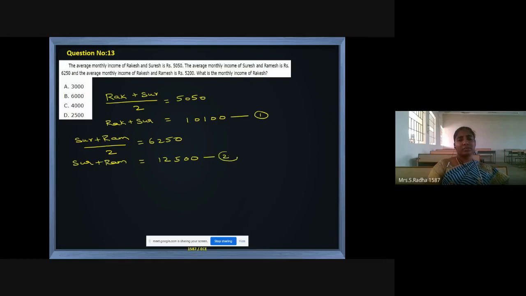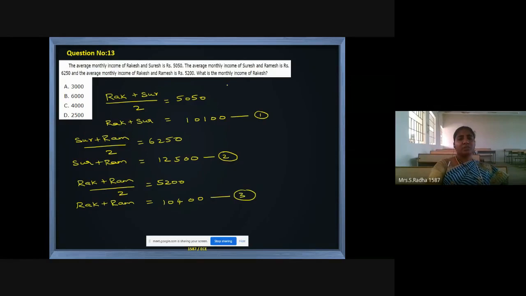This is equation 2. Next, the average salary of Rakesh and Ramesh is 5,200, so the sum of their salaries is 10,400. This is equation 3.